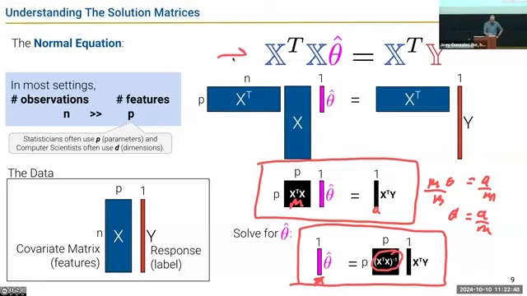So if you bought that this was true, this is a hat, meaning this is our best estimate for the mean squared error, then that would imply that this other crazy thing is true. The theta hat is just this.